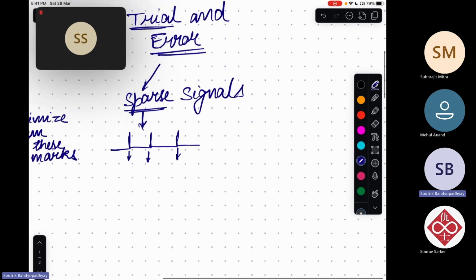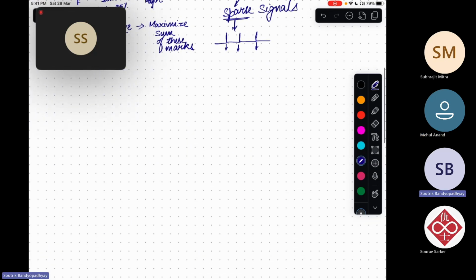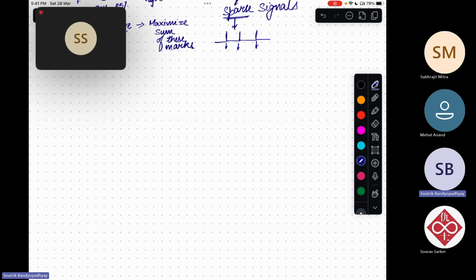And similarly, when you have some other perspective in control theory, there you want to maximize some reward formulation. I'm deliberately not providing arguments here, subject to some internal dynamics.